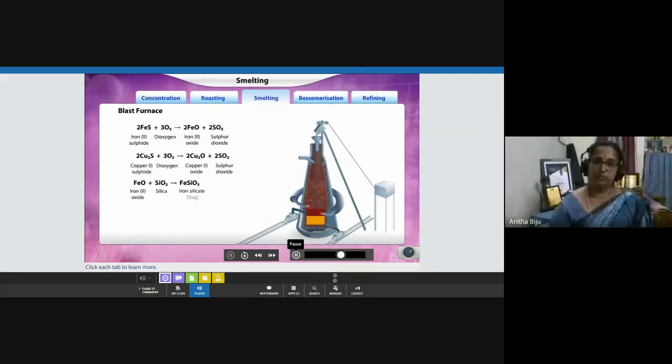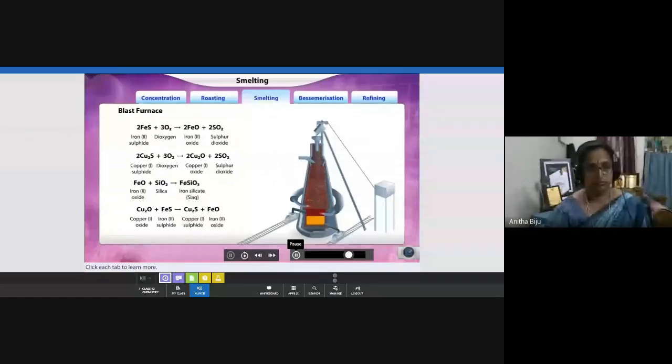This is called slag. The copper 1 oxide that is formed recombines with iron 2 sulfide to form copper 1 sulfide and iron 2 oxide again. Therefore, to prevent this reaction, it is very important to remove all the iron impurities.